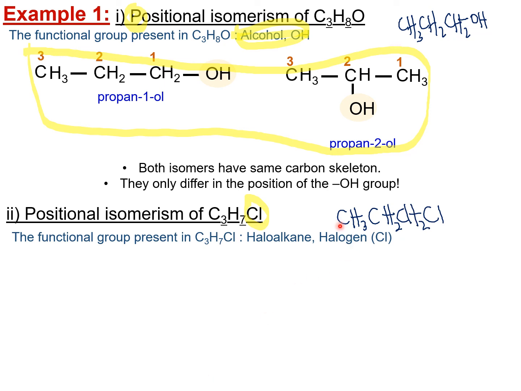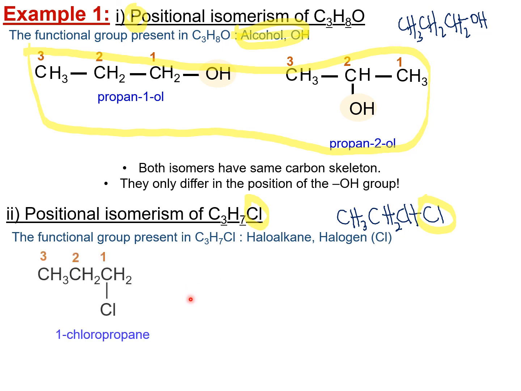So adalah 3 carbon atoms, and then we have here CH3 plus CH2 plus CH2, 7 hydrogen atoms and 1 Cl atom. And I believe to do a positional isomerism, I need to ubah kedudukan functional group Cl.